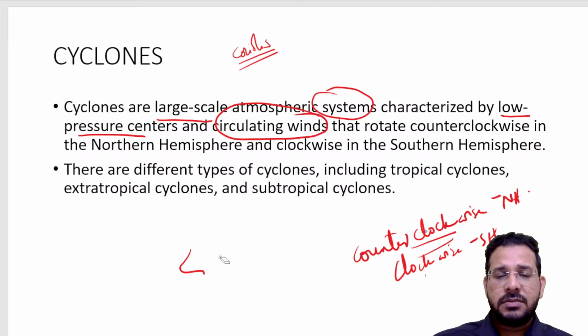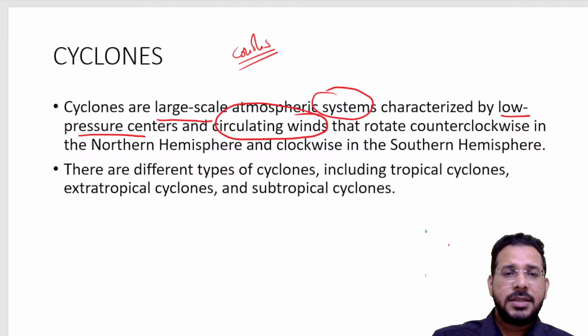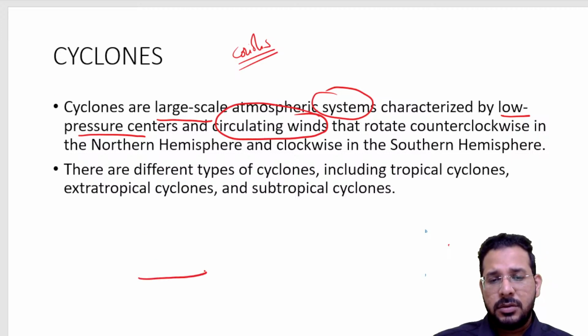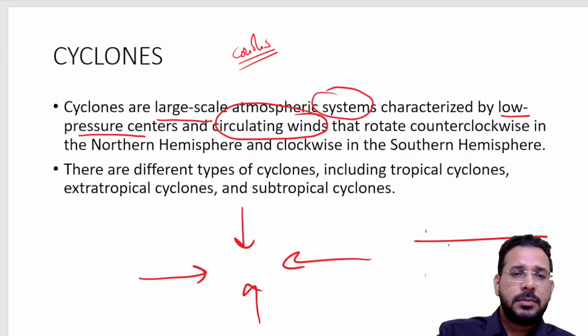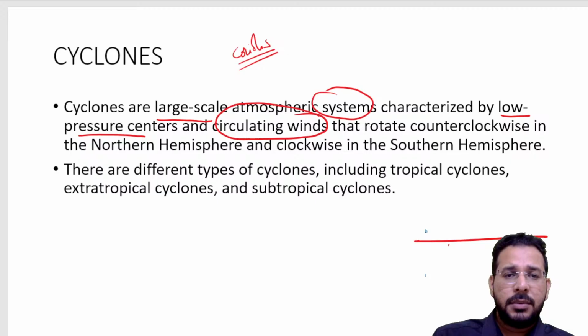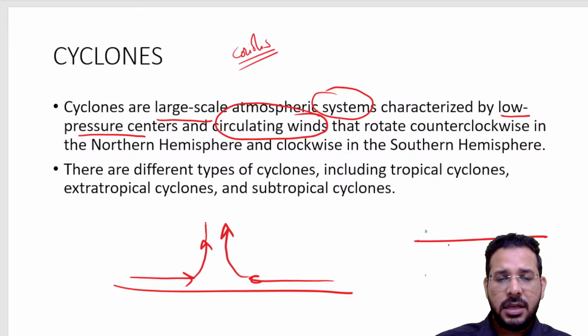And when these winds are coming towards the low pressure, there is a convergence of these winds. So winds are coming from different directions towards this low pressure system. If I draw this vertically in a 2D image, winds will be coming in different directions and they will rise above.